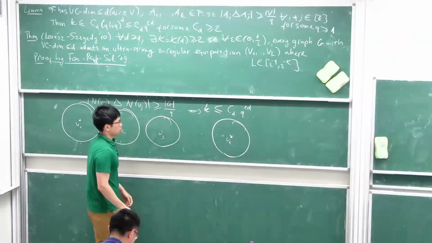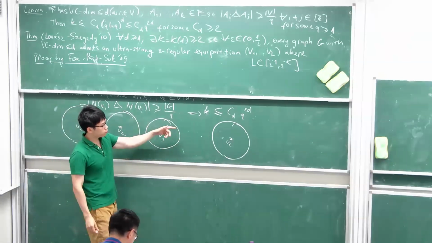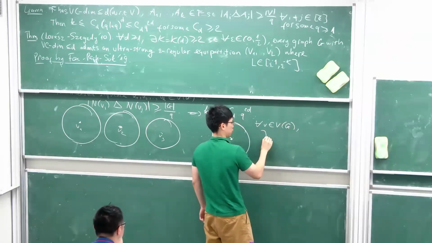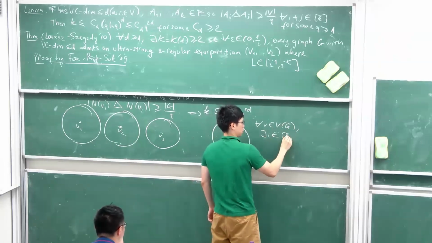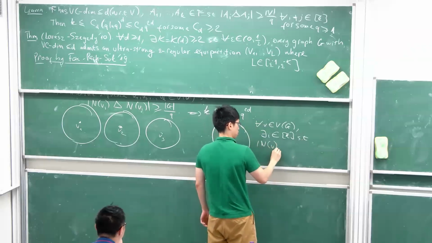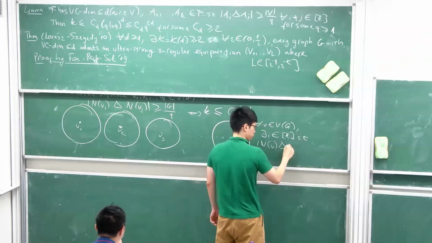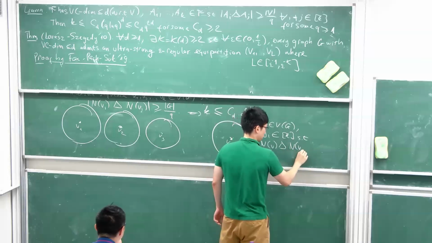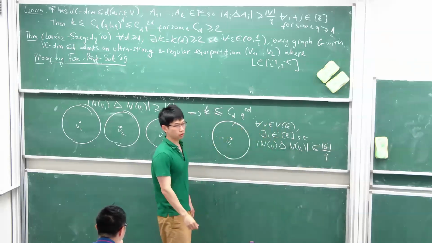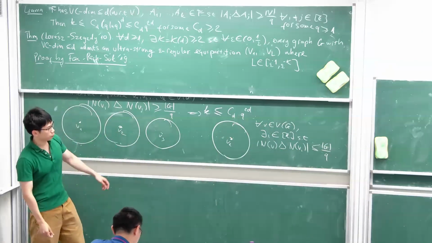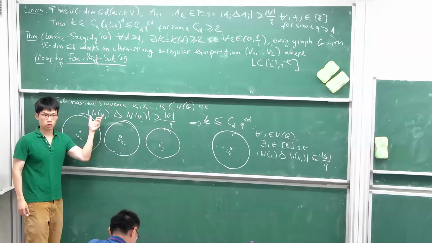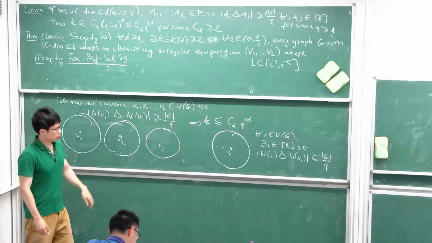The property here is that for every v in G, there is an i such that the symmetric difference of the neighborhoods of v and v_i is at most the number of vertices of G divided by Q. We have this property because of the maximality of the sequence.